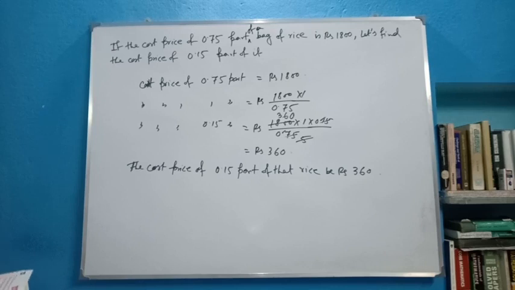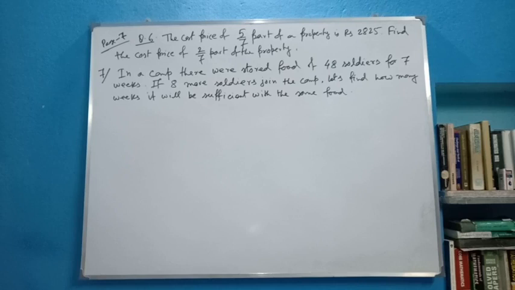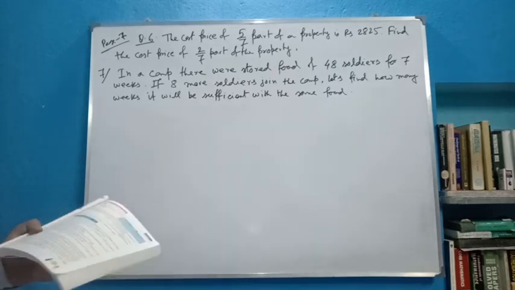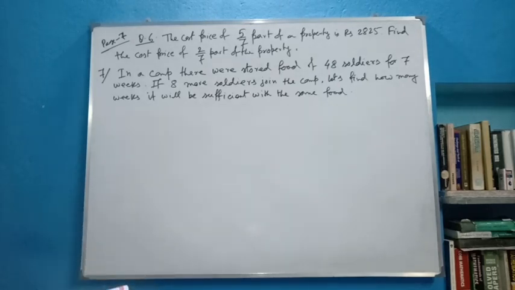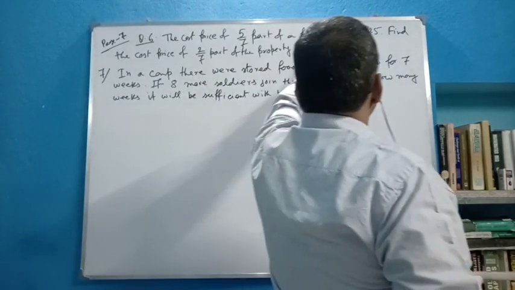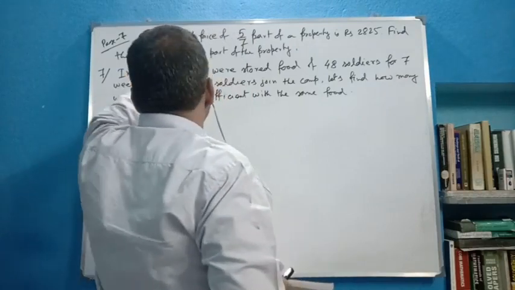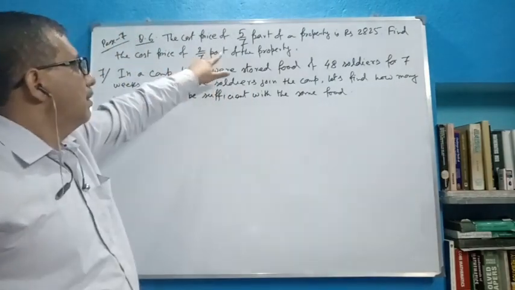Next, question number 6, page number 7 of your board book. The cost price of 5 by 7 part of a property is rupees 2825. Find the cost price of 2 by 7 part of the property.